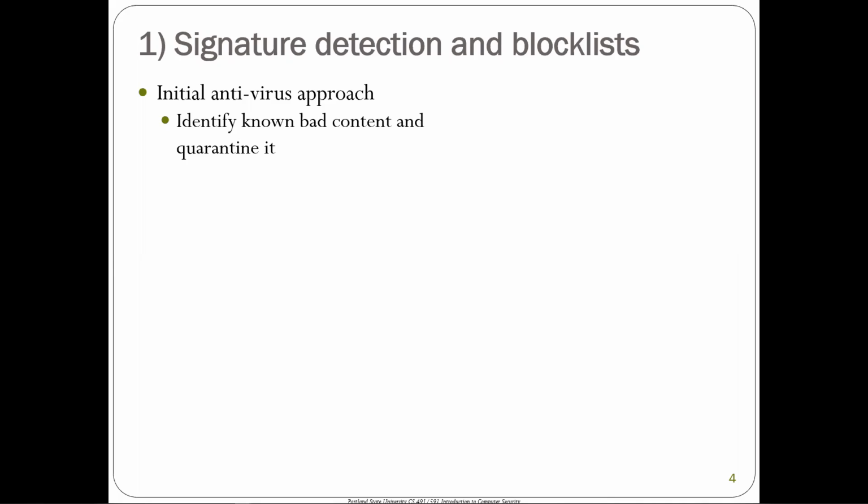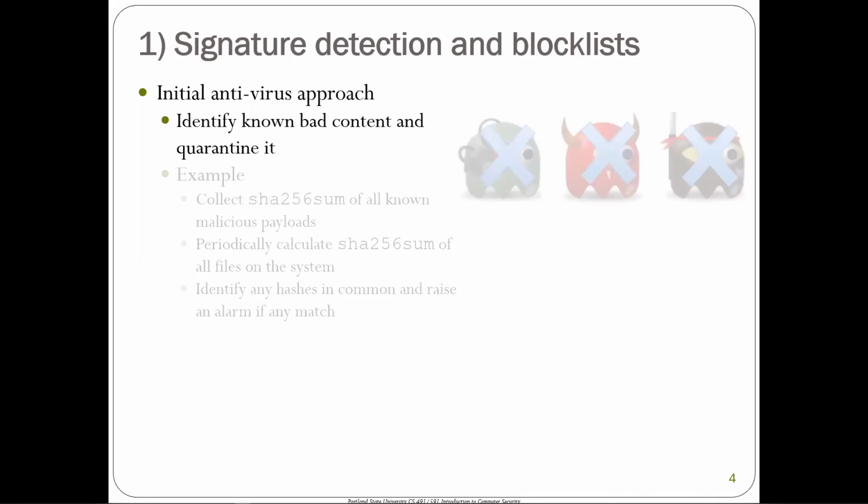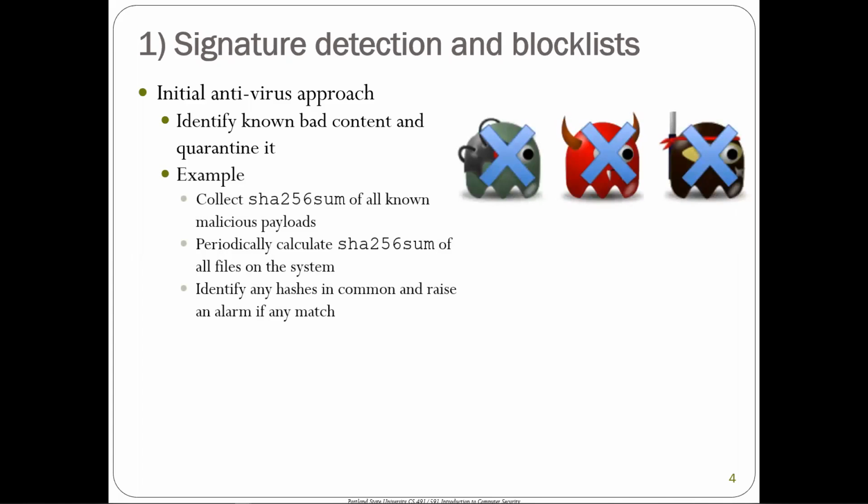If the running system has any of that stuff, you quarantine it, so isolate it and keep it from spreading. Here's the example. You collect cryptographic hashes of every known malicious payload. And if that malicious payload shows up on your system, you delete it or you disable the system. That's the signature detection approach.